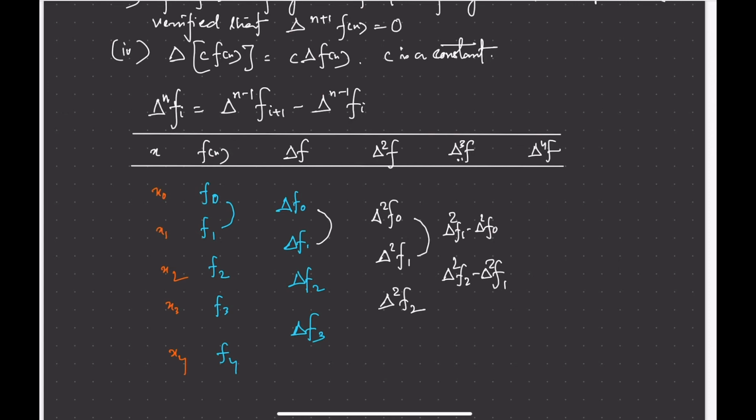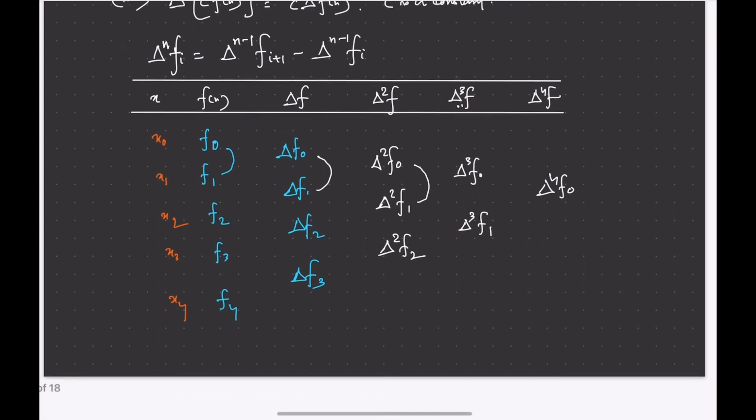Instead of del square f1 minus del square f0, I can replace by del cube f0. Here I can replace by del cube f1. Now finally this will be del cube f1 minus del cube f0, but instead of that I can replace del fourth f0. Okay, this is the table.